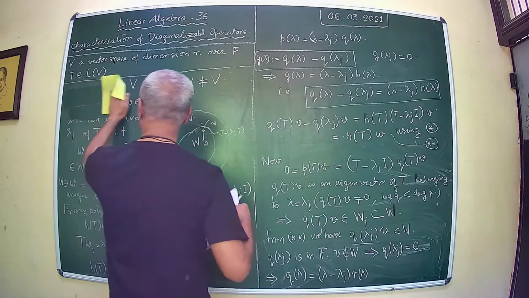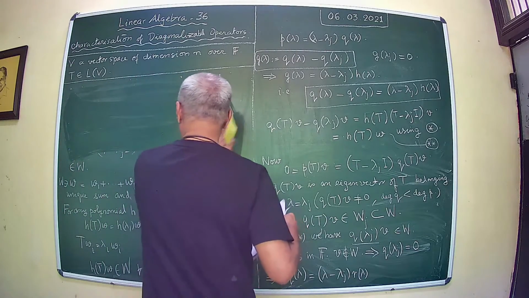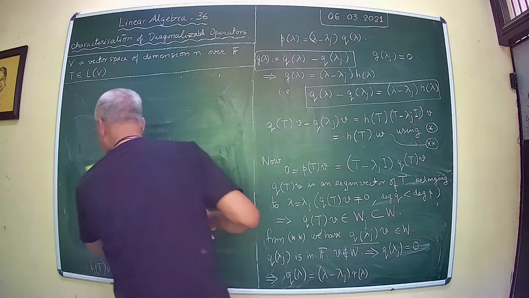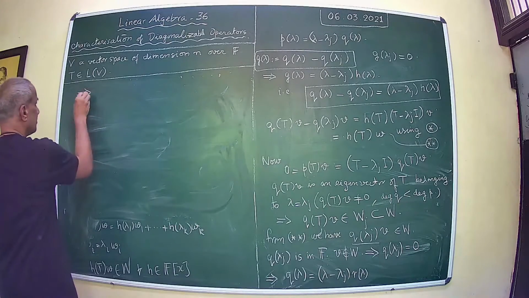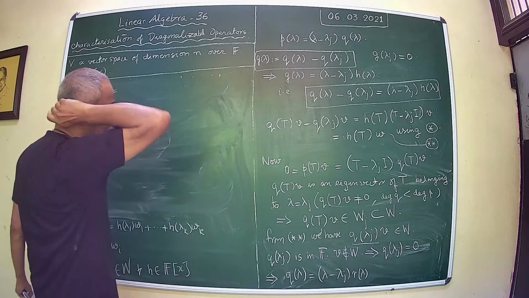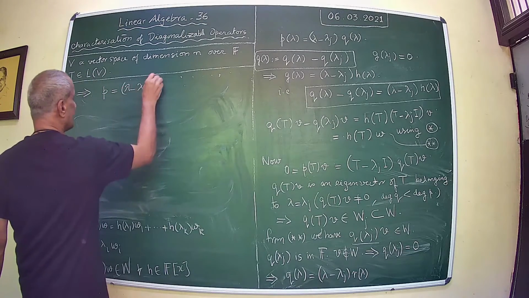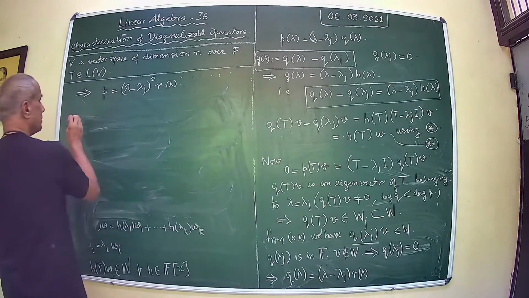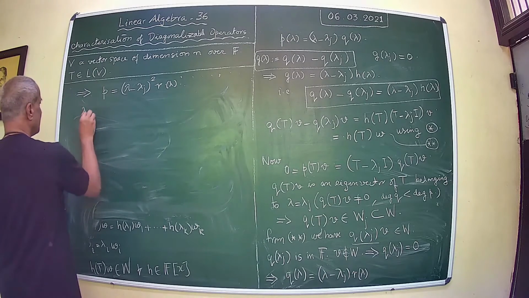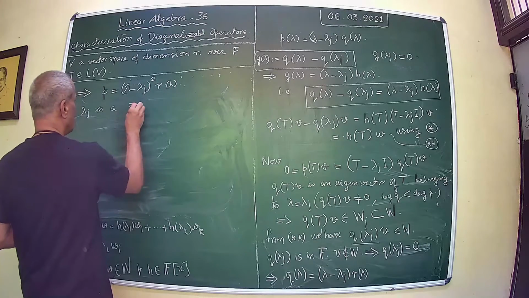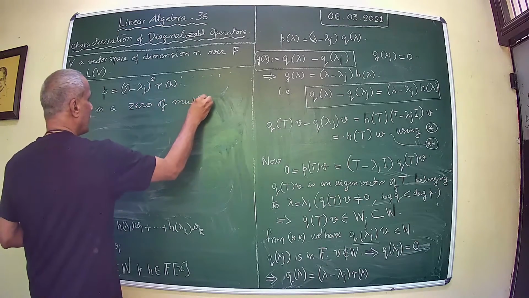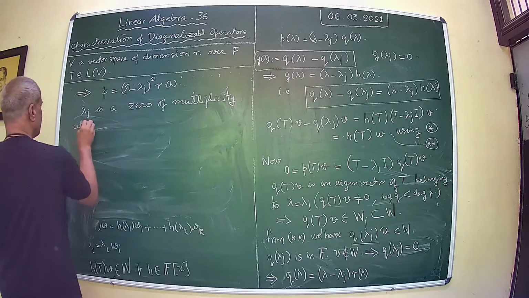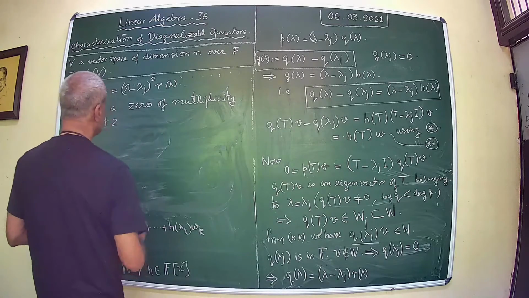What is the implication of that? That means lambda minus lambda j squared divides P, at least 2, is quadratic.